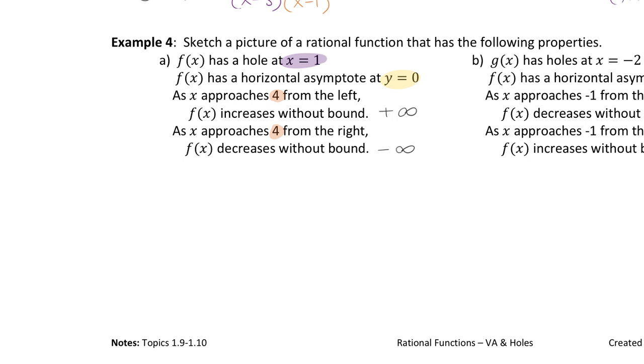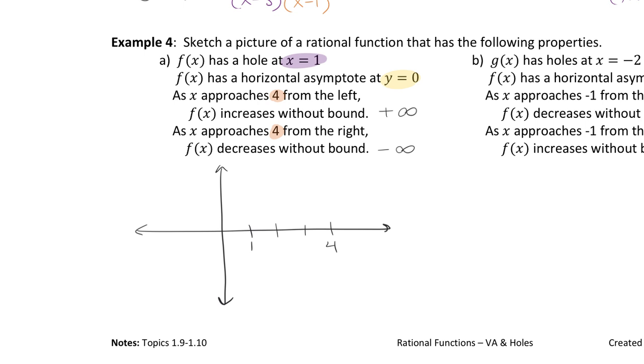So we draw our x-axis and our y-axis. We know we have an important point at 1. So here's 1. And we know we have an important point at 4, so something cool is happening at 4. I need to make sure I at least see those numbers on here. I know that there's going to be a hole at 1.